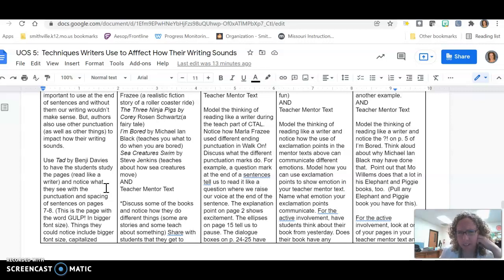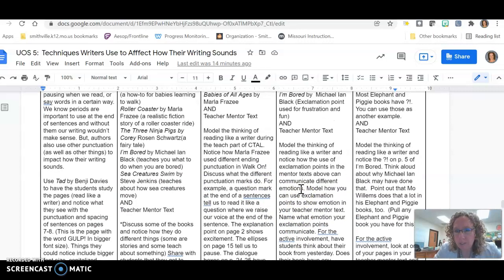Why do we do that? It sounds so simple, but it is so powerful because it allows your kids to see authors as real people that they can connect to. And then when they start to connect to those authors, they start seeing themselves as actual authors. And that's what we want for our kids. We want them to know that they are authors too. And so that's what we're going for there.